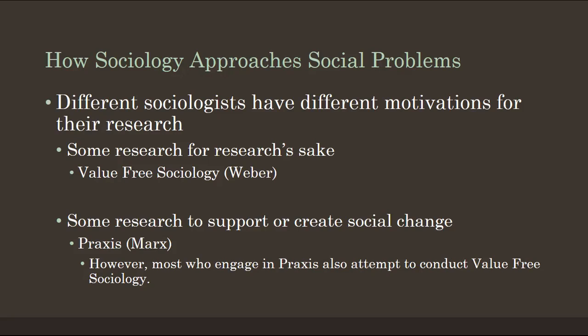So in that way, you can engage in both praxis and value-free sociology. With that said, those people that are really hard and strong on value-free sociology, that don't think that sociologists should be political, they just don't do that second thing, right? They just do the research and they let that be the thing.